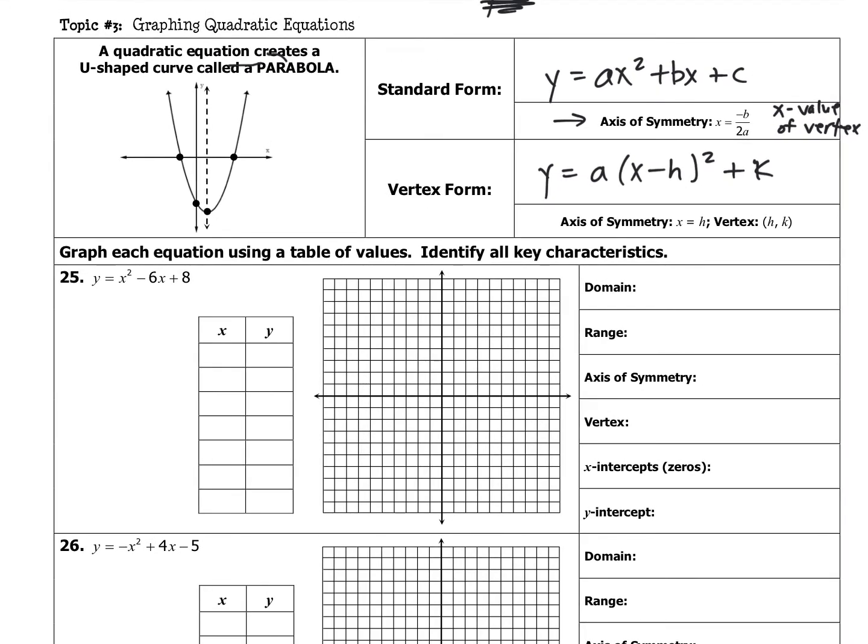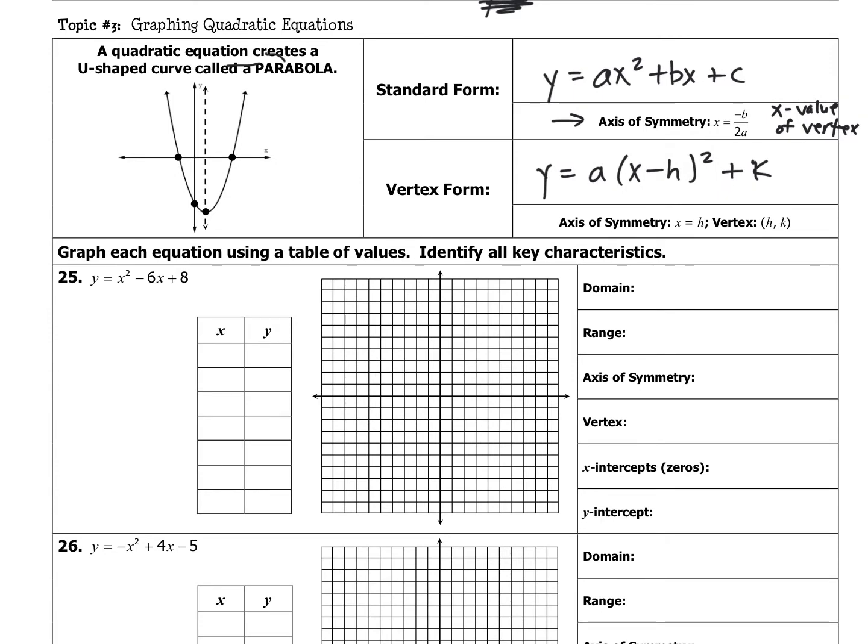Number 25. Actually, before I go on, let me just say that all of this creates a U-shaped curve called a parabola. You can see here, this is my vertex. This is my y-intercept, where it crosses the y-axis. And both of these points where it crosses the x-axis are called roots, or zeros.